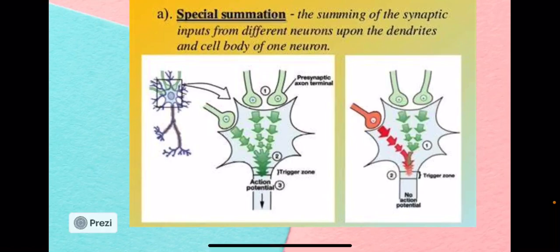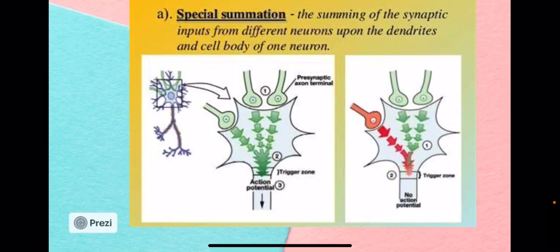So basically, if we have a look here, you've got presynaptic axon terminals, and you've got 3 there on the diagram, and if each of them has enough neurotransmitter passing across and connecting with those receptor sites, then it will reach that trigger zone.